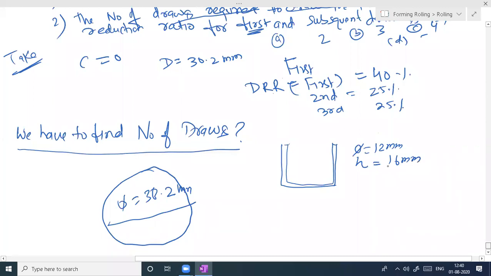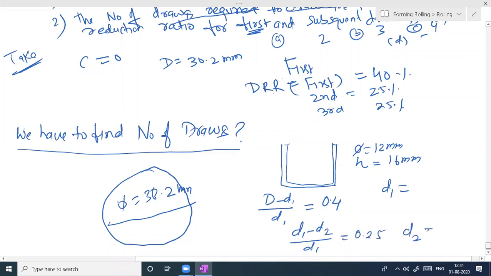So we have to find the number of draws. For the first draw, (D minus D1) by D is 0.4, and you can calculate diameter D1. Then for the second, (D1 minus D2) by D1 is 0.25. You have to calculate D2.